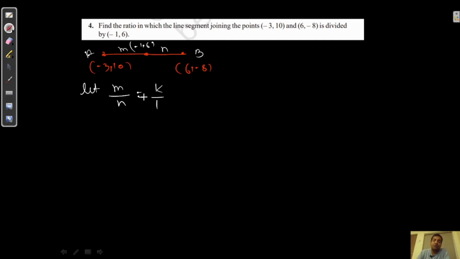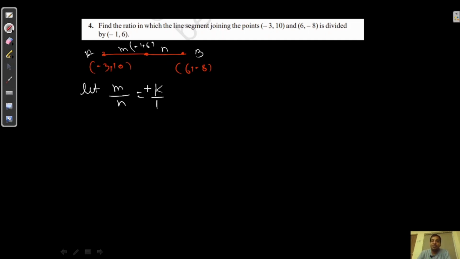I have already told you, if the number of variables is less, then we have to calculate less. We can solve it by taking m and n, then we have to make 2 linear equations and solve them as well. But if I am taking the ratio as k:1, then only in one step we can find our answer.